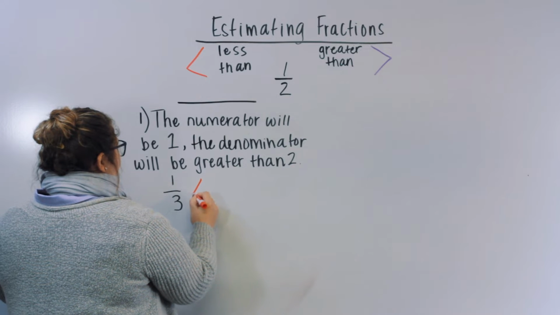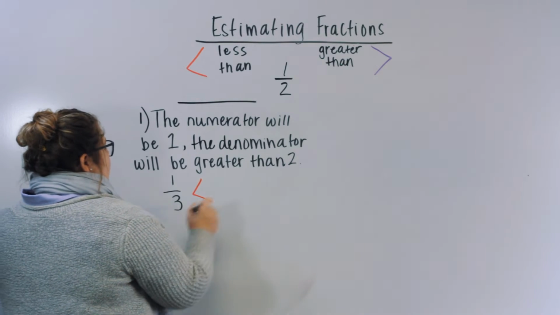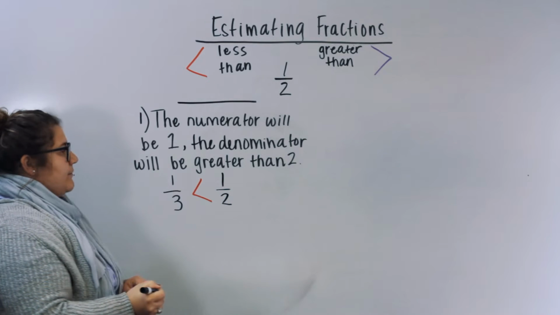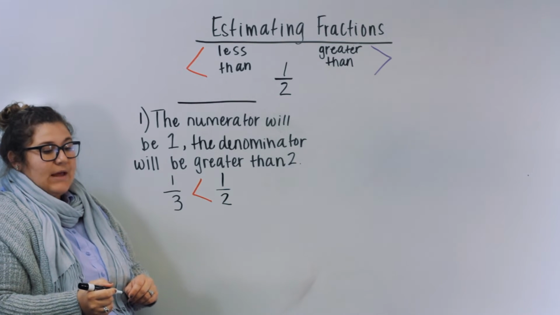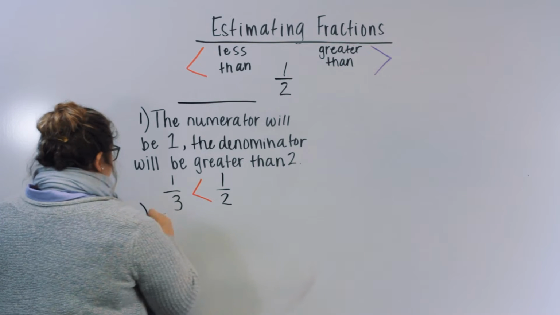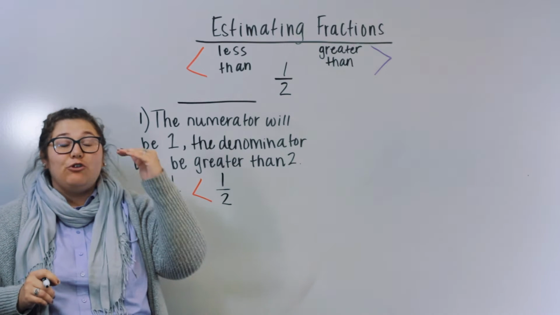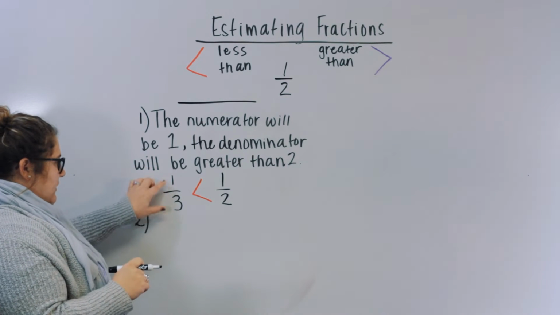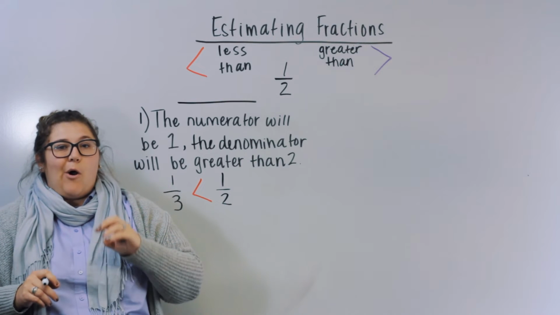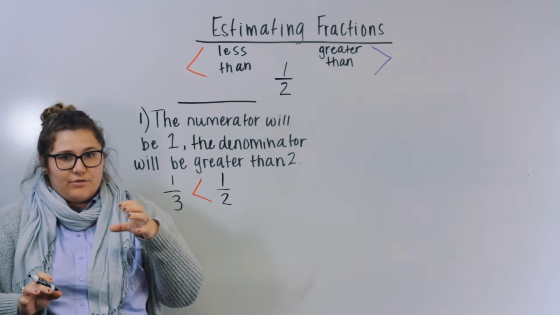So that's our one way we can tell if it is less than. Okay? Now the second way to find out is if the numerator, say for this number, the numerator is almost half the denominator.